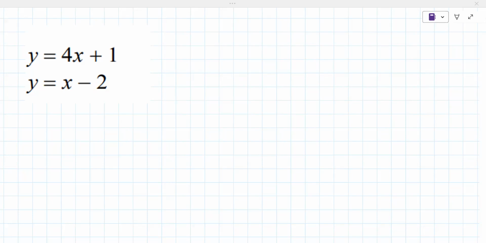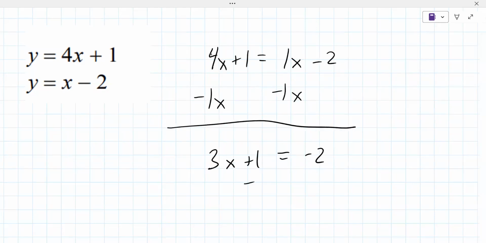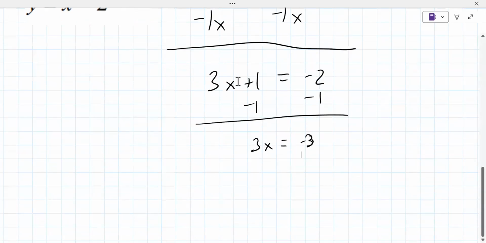So is the answer x equals negative 1? Again, we did that one already. It's a lot of them end up being that for a variety of reasons, but yeah, you get 3x plus 1 equals negative 2, subtract 1, subtract 1. 3x equals negative 3, divide by 3. X equals negative 1. Good.